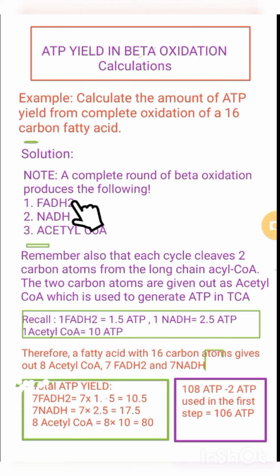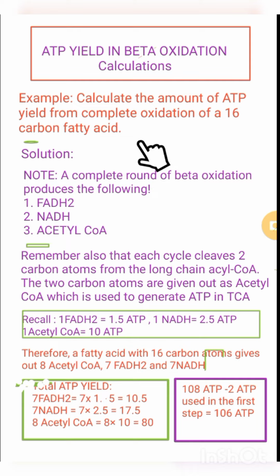You continue cleaving 2 by 2 by 2 until you remain with only 2 carbon atoms, which also qualifies as an acetyl-CoA molecule. The number of rounds of beta oxidation largely depends on how many carbon atoms exist. So for instance, if you have a 16 carbon molecule, you expect a total of 7 complete rounds and a total of 8 acetyl-CoA molecules produced.